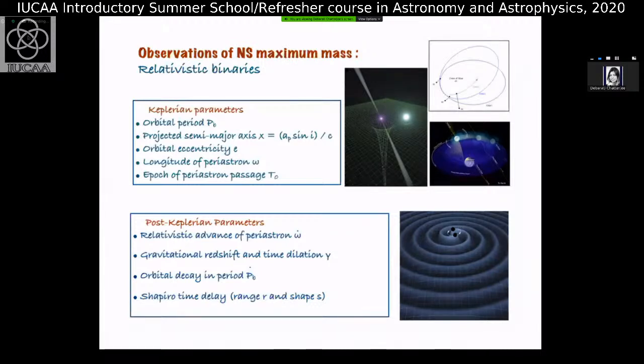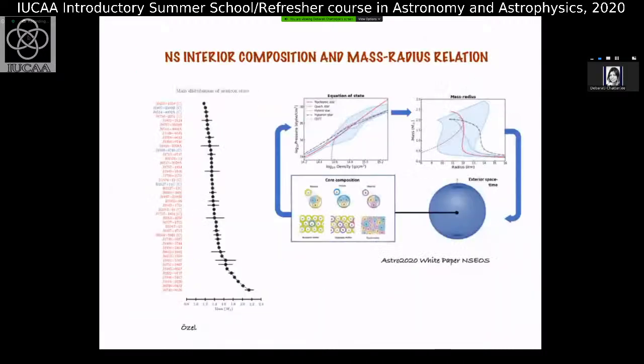For the case of X-ray binaries, so pulsars in X-ray binaries, the determination of mass is possible due to events like eclipses and so on, but this is much more complicated because of accretion processes and so on. So here is a list of the different neutron stars which have been determined.